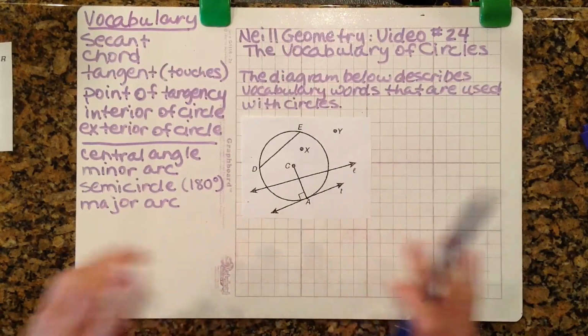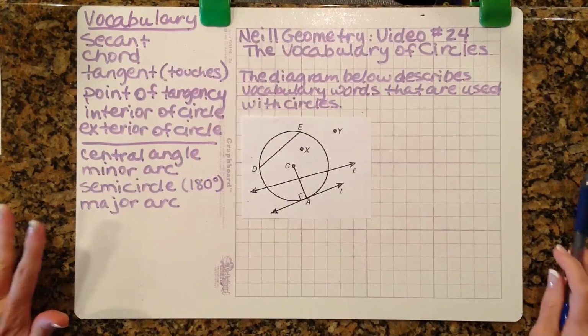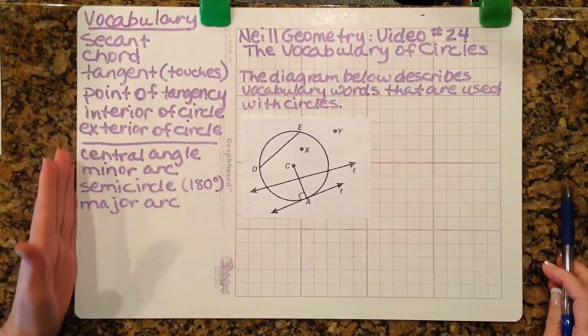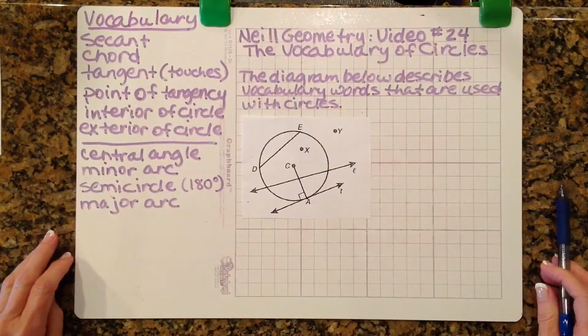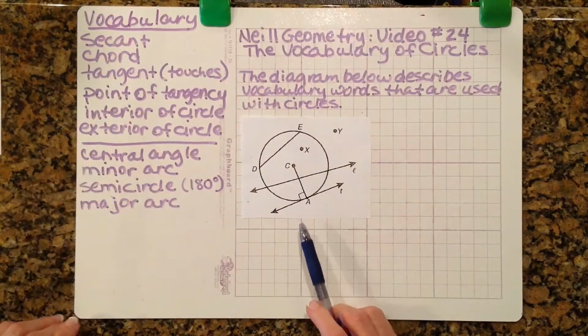But we're going to expand, and there's a lot of information that you can do about circles themselves. But first we need to know the vocabulary of the circles. So here's our vocabulary words that we're going to be working on today. So if you need to stop the video to copy down the diagram or any of this, please do so.